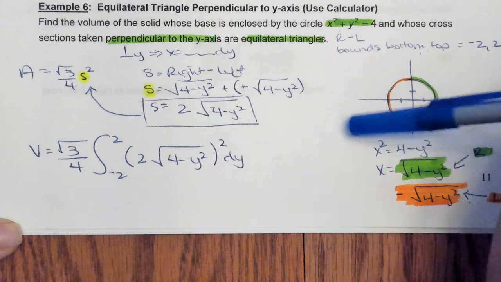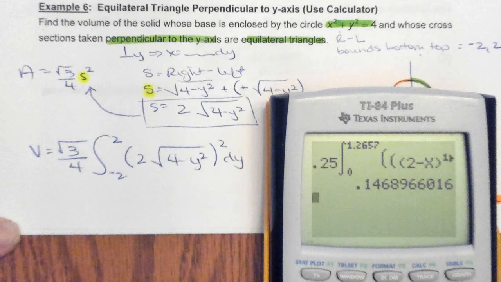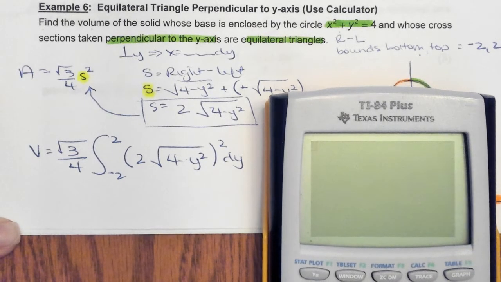Now in this case, you could actually do this by hand, but why when it says we can use our calculator? So I need to type this whole thing in.